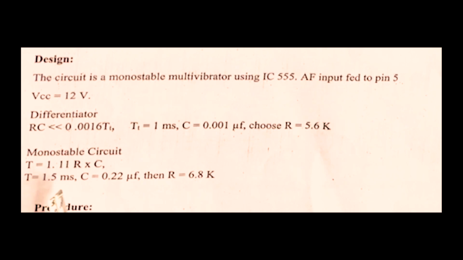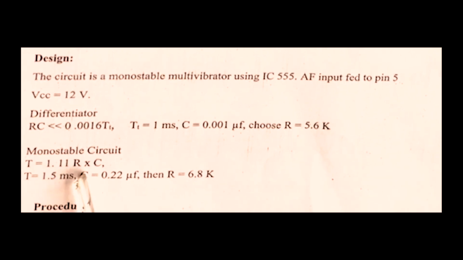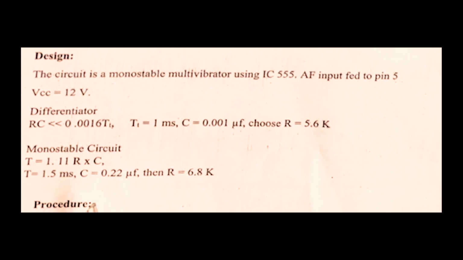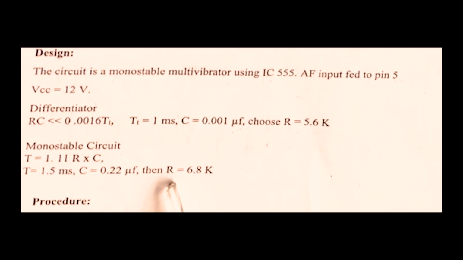The time period of monostable operation is 1.11 R into C, and let us choose time period as 1.5 milliseconds. If we take a capacitor value of 0.22 microfarad, then it can be easily calculated. The R value as 6.8 kilo ohms.